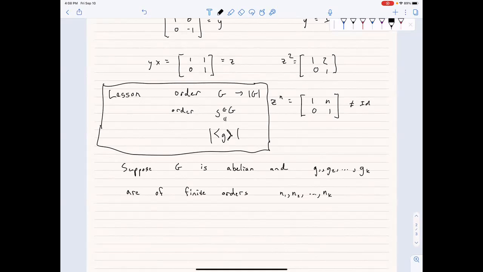Parenthetically, this implies that gi to the ni is equal to the identity.